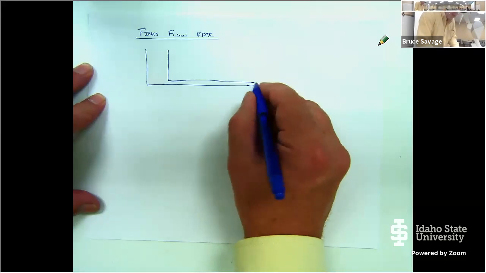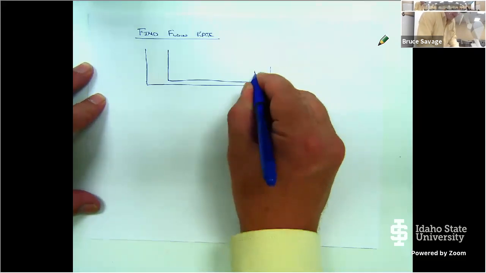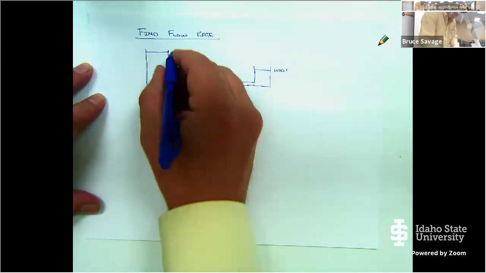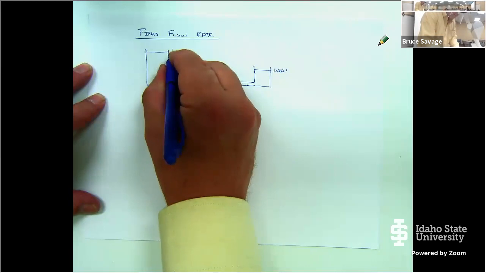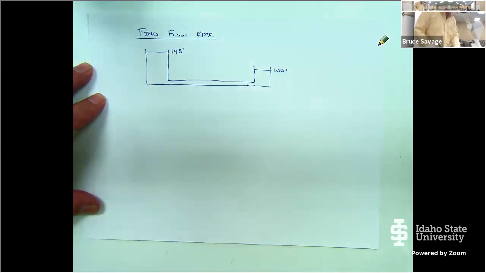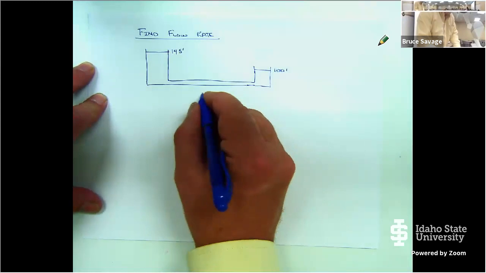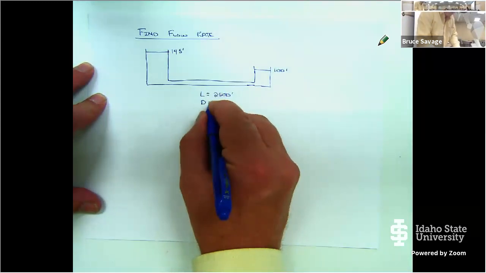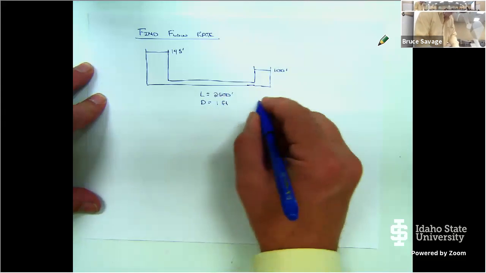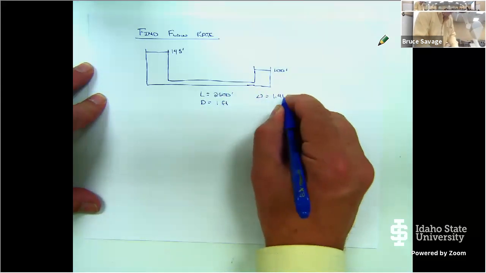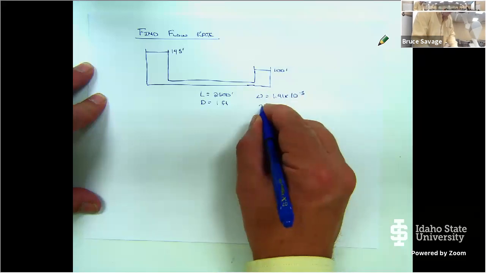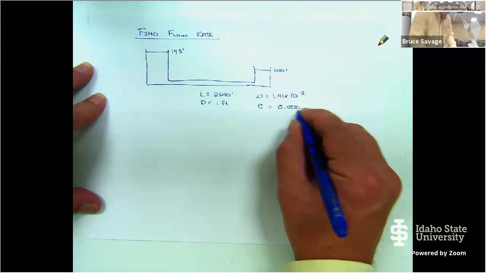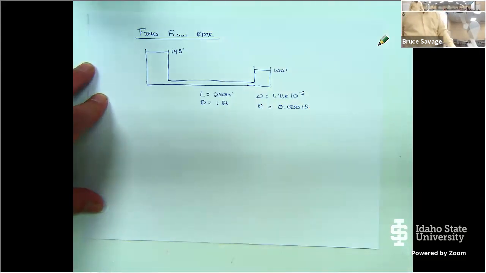We'll say that the downstream one is 100 feet, and the upstream one is 145 feet. So let's see how close I am to my guess here. Now the length is the same, 2,500 feet. Diameter is equal to 1 foot. Kinematic viscosity is 1.41 times 10 to the negative fifth. And the equivalent sand roughness is 0.0000015, commercial steel, like we had before.